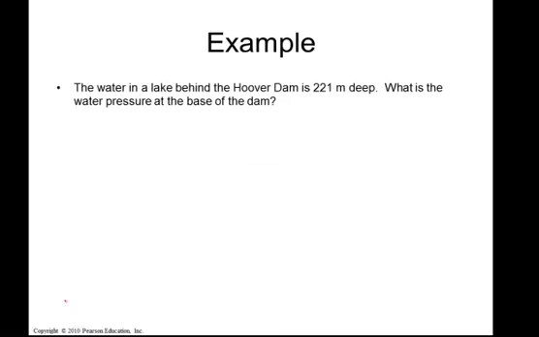In this case, I have an example, and it says the water in a lake behind the Hoover Dam is 221 meters deep. What is the water pressure at the base of the dam? If I want to find the pressure, this is going to be the atmospheric pressure plus the pressure of the depth, which is rho g h. Our atmospheric pressure, we said, was 1.01 times 10 to the fifth pascals, plus rho, and I said this was one of those on that chart that you were going to need.